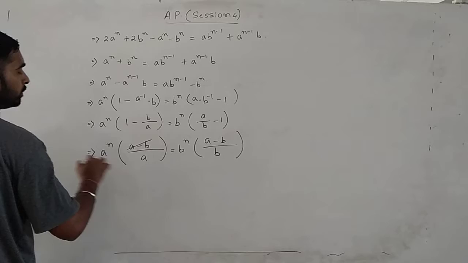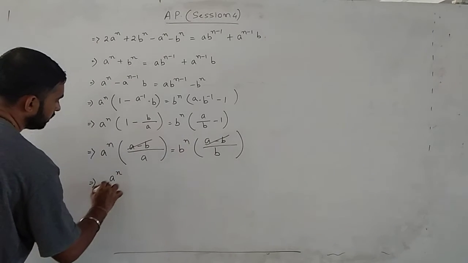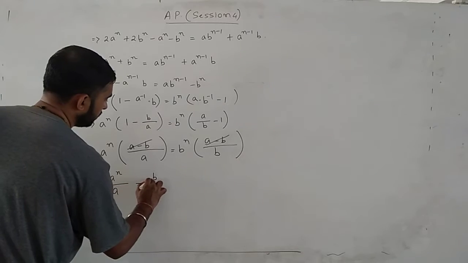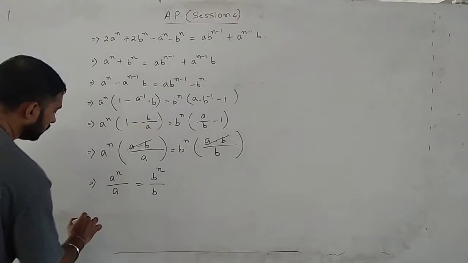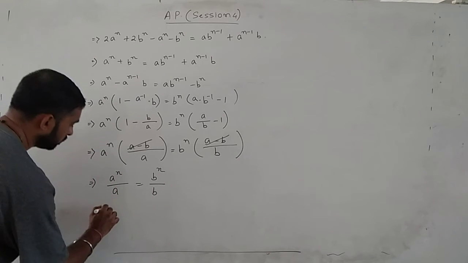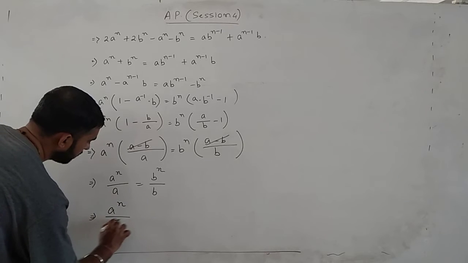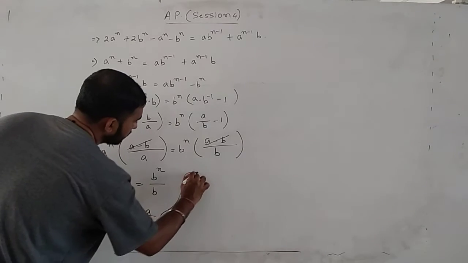Here the numerator a minus b, here the numerator a minus b cancel. So a to the power n by a equals b to the power n by b. Then do what? Alternando. This process is known as alternando. A to the power n by b to the power n equals a by b.